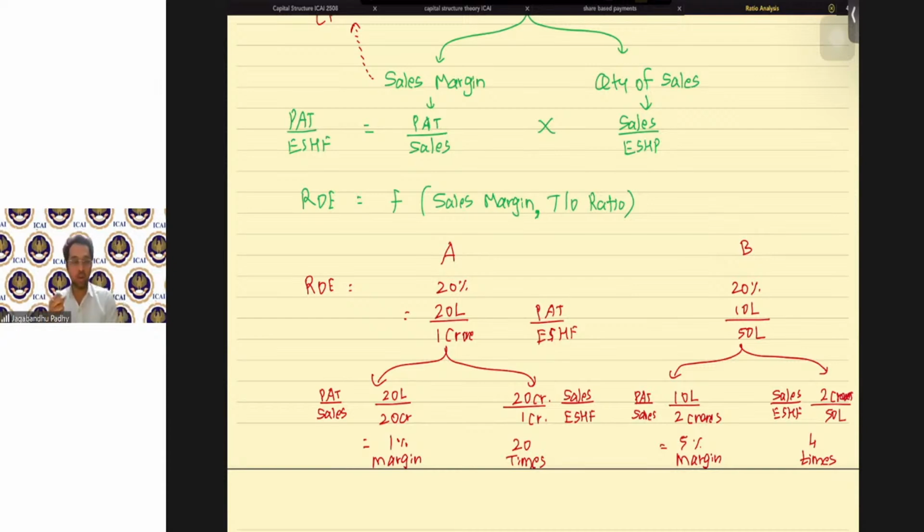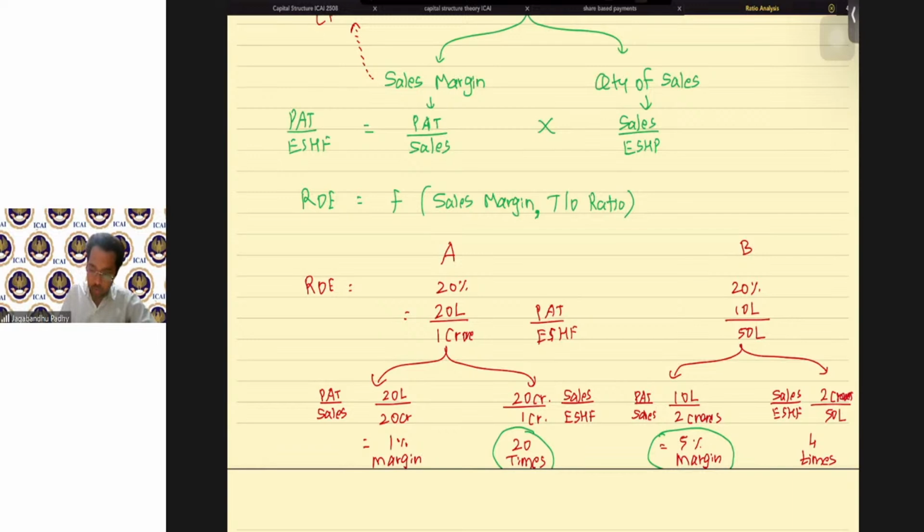Which is the strong area of each of these companies? As far as margin is concerned, company B has the strong area, whereas in terms of the times you are selling, it's company A which has a greater role to play.